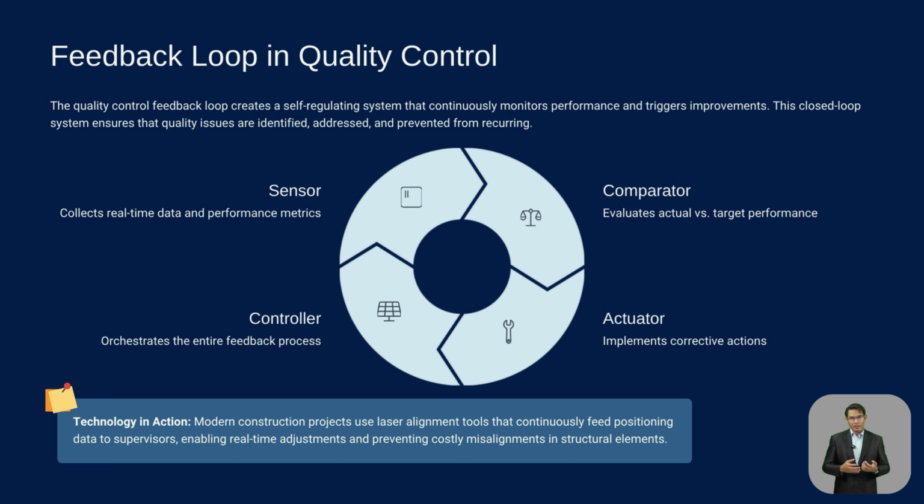In IT projects, user behavior tracking tools serve as sensors. If data shows a drop in engagement due to slow loading times, the comparator flags it and developers act to optimize scripts or server performance. This cycle ensures that real-time feedback leads to timely interventions, the hallmark of an effective quality control system.